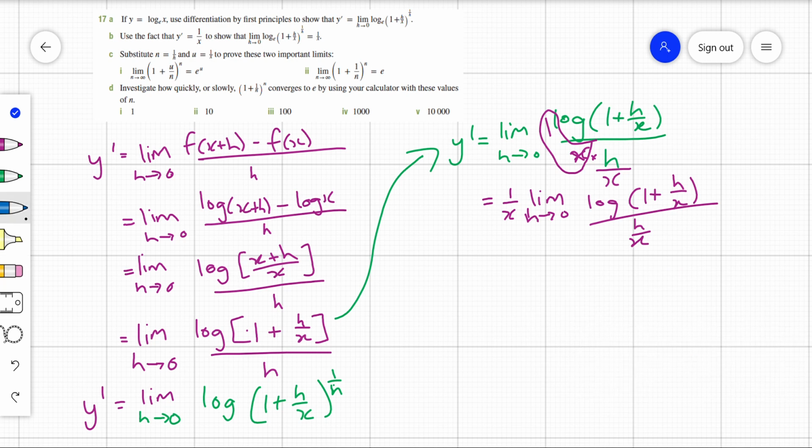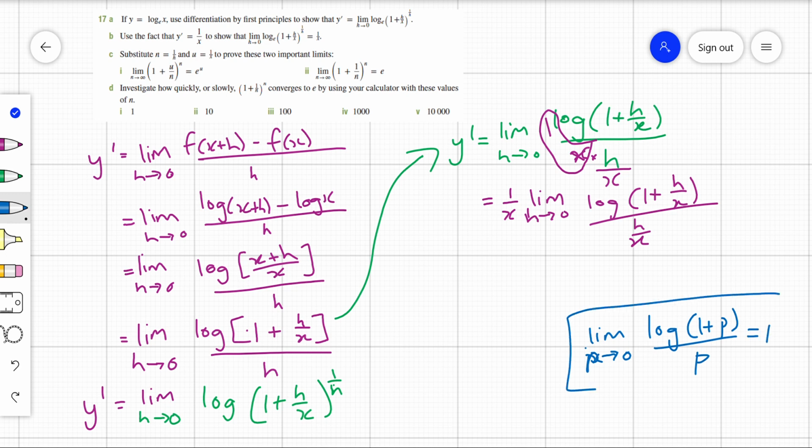Now we know, if I take the limit, I need to use a different letter, not h, not x, p. As p goes to 0 of log of (1 plus p) on p, that's 1.